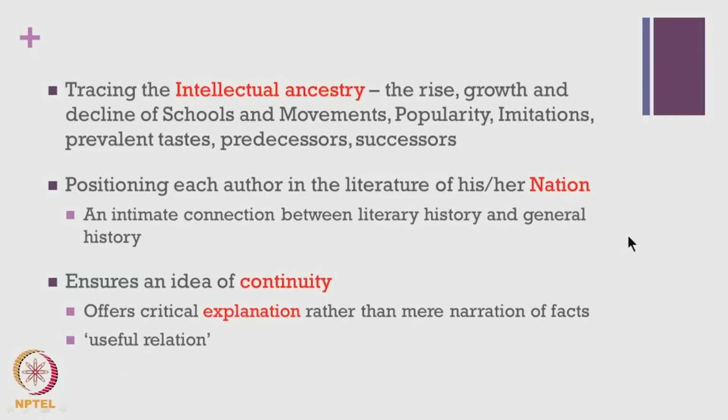And in literary history, we will begin to note and highlight this fact that each author and each kind of writing is in fact positioned within the location of the nation. So, we would begin to see how there is an intimate connection between literary history and general history, and how one goes on to inform the other. In that sense, the shaping of literary history is also quite connected with the shaping of a nation in particular.